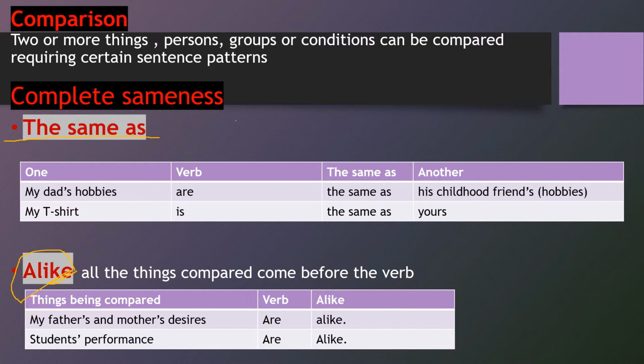Or I'm talking to my friend and I say, our hobbies are alike. And we can say, people's ambitions in this country are alike. So this one differs from the first one in having the things that are compared before the verb. This is complete sameness, when the two things are exactly the same.